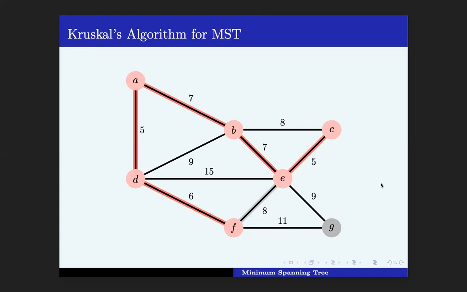When the two vertices are from two different connected components, that means the set of vertices in the connected component of U is not the same as the set of vertices in the connected component of V, I will add that edge.